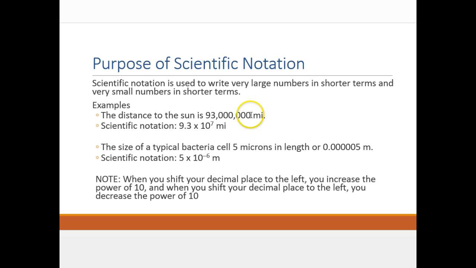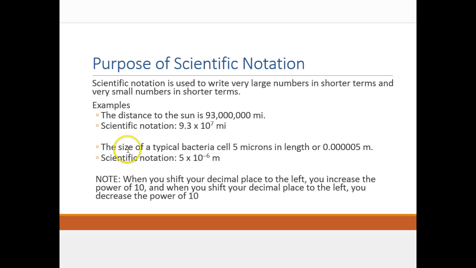And if we started our decimal here at the very end, we had to shift it over 1, 2, 3, 4, 5, 6, 7 places. And because I'm shifting to the left, it's a positive 7. So 9.3 times 10 to the 7th. A little bit shorter way of writing 93 million. It would really help if it was, say, 93 billion or 93 trillion. It would really make it a lot shorter.